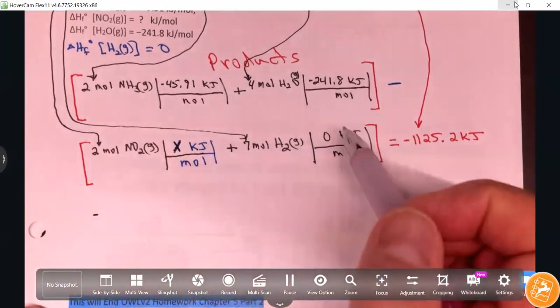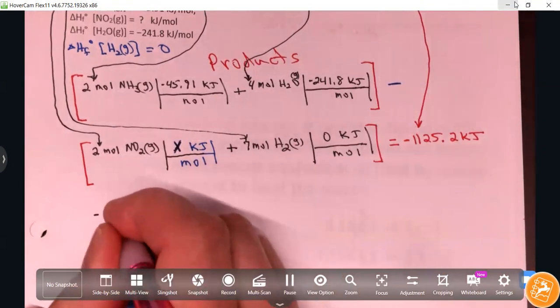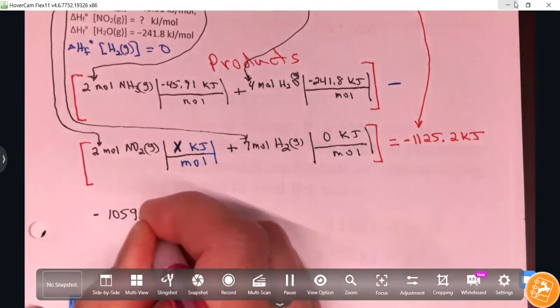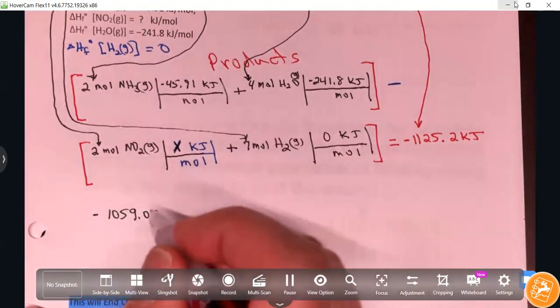Looks like the product bracket is negative 1059.02. Okay, so we have negative 1059.02 in kilojoules.